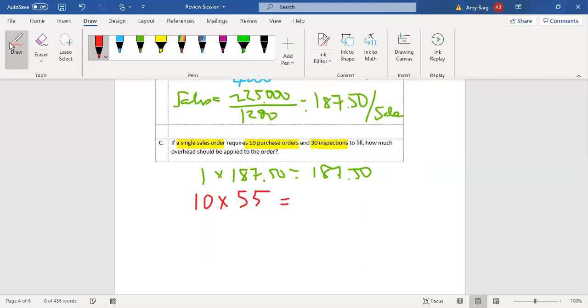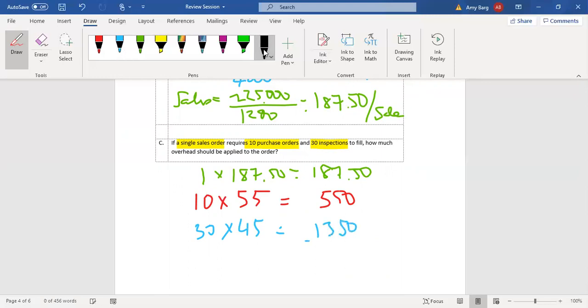So that is equal to 550. And finally, we have 30 inspections. We know that those are $45 a piece, so that is $13.50.